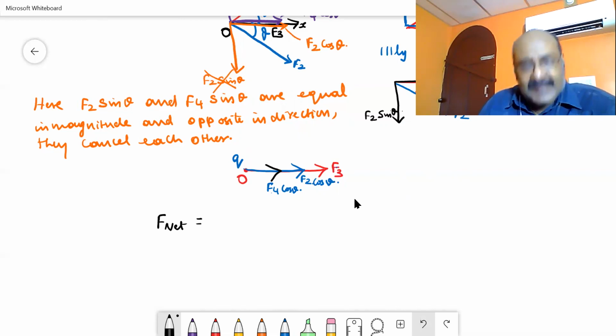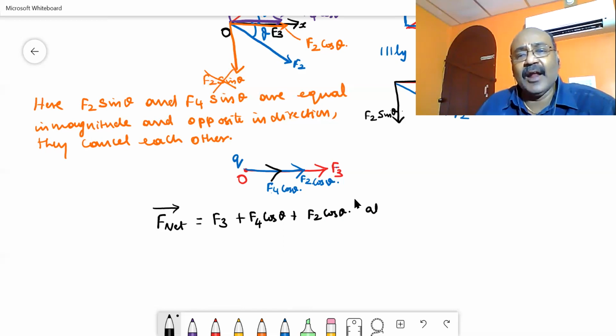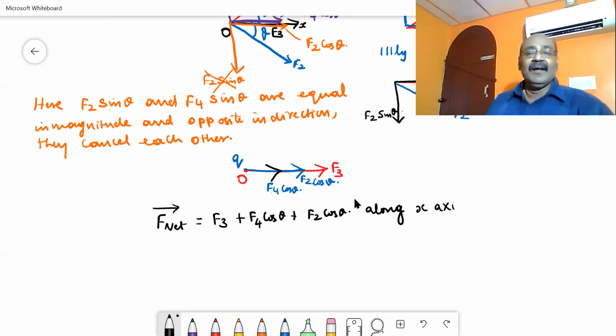F net is equal to F3 plus F4 cos theta plus F2 cos theta. If I am taking the direction, they are acting along the x-axis. Now you substitute and get the answers.